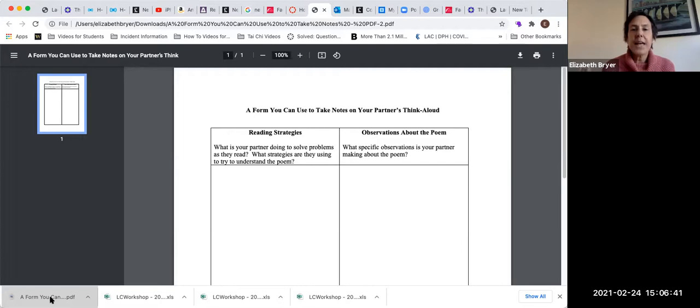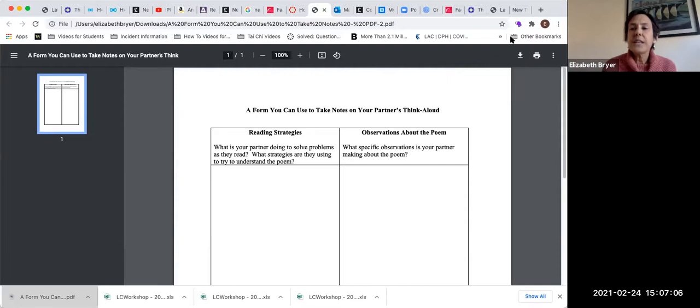You're going to upload that to Canvas, but you're also turning in your notes. Only one of the two of you, you and your partner, has to upload the recording, though you should put both your names in the comments box so I know who to give credit to. Not everybody's going to necessarily upload something. If your partner says they'll upload it for the two of you, you're good. But everybody should be uploading their notes.